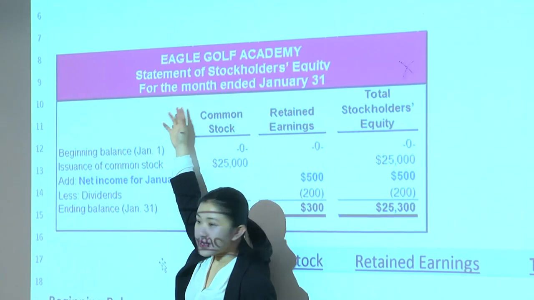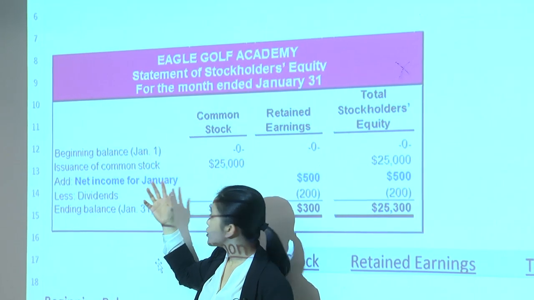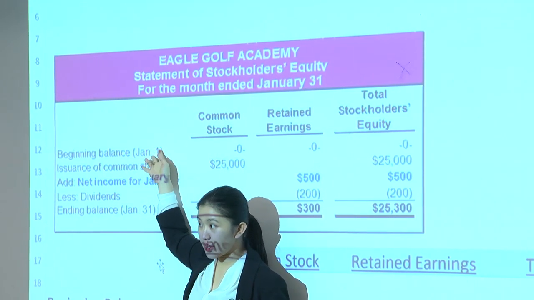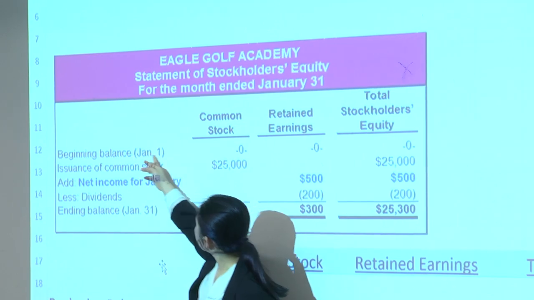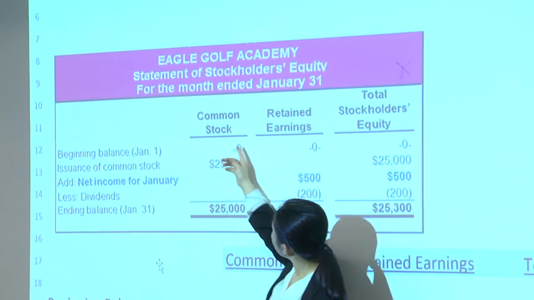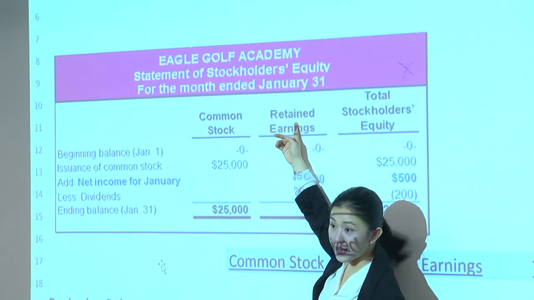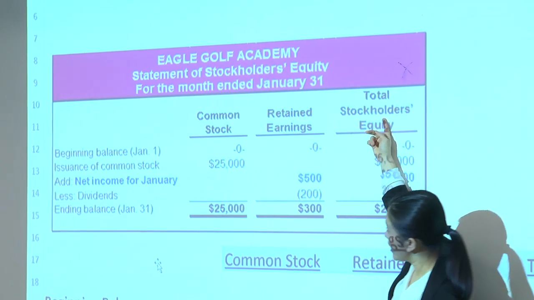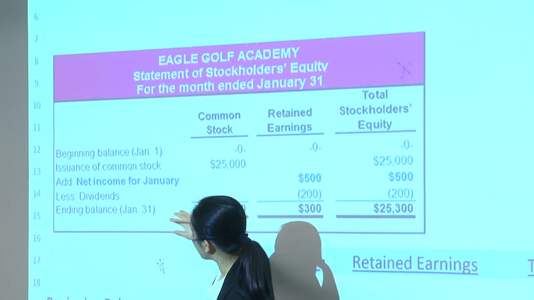So this is like a stock. That means in the beginning, we have a balance, and this balance will accumulate to the end. This is the first year of the company, so everything is 0. We have common stock and retained earnings. These two combined together are the total stockholders' equity. What will change stockholders' equity?